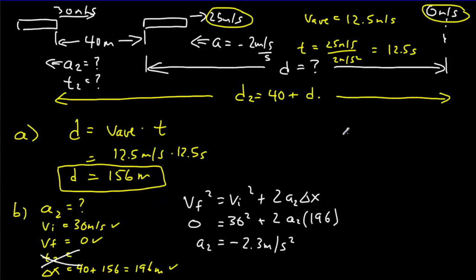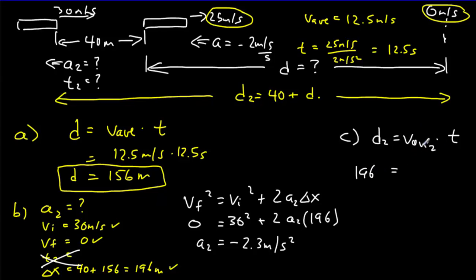So let's go on to part C. Part C, you're just looking for the amount of stopping time, the t2 here. There are different ways of doing this, but I find an easy way will be to say that d2 must be equal to v average 2 times t. d2, that's the 196 meters.